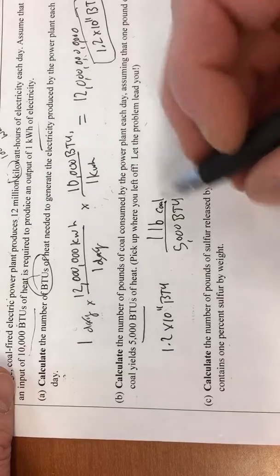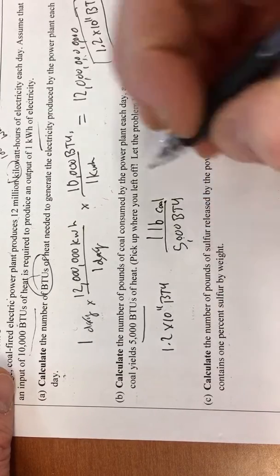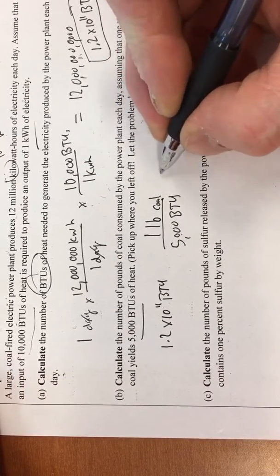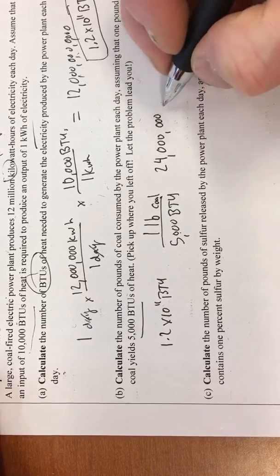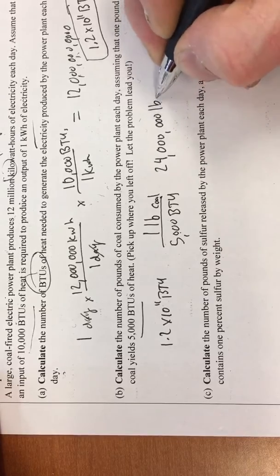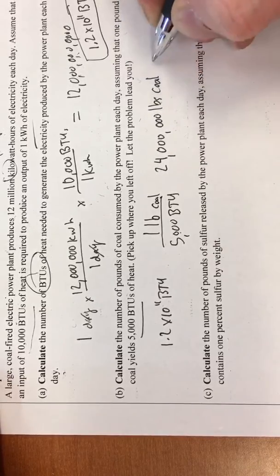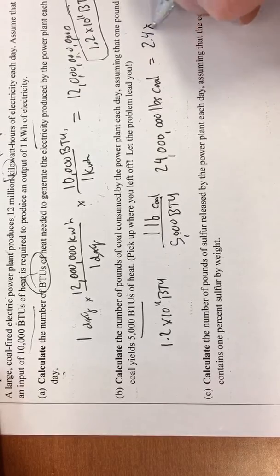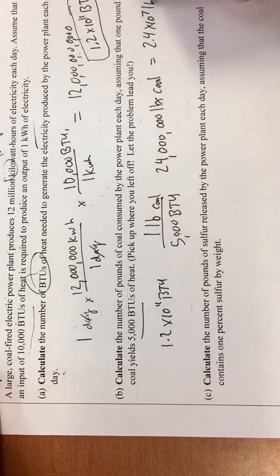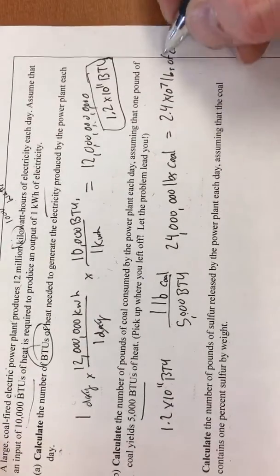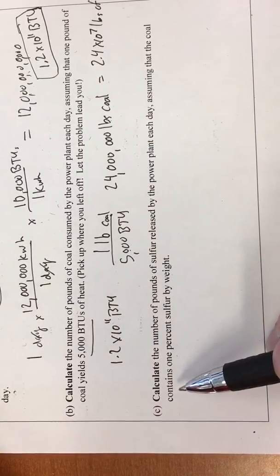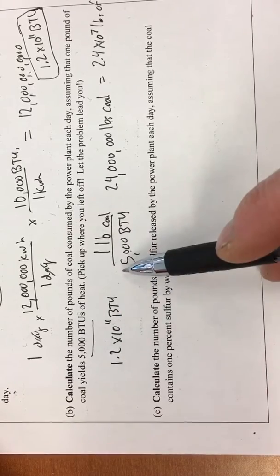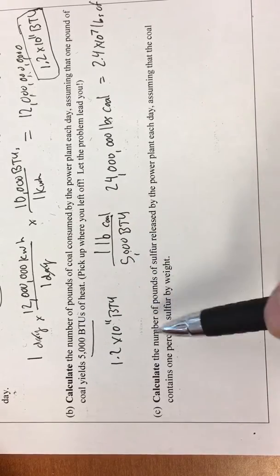When you divide this by that, what you're going to find out is that you get 24 million pounds of coal, or 2.4 times 10 to the 7th pounds of coal. For C, I'll show you later how to divide those exponents.